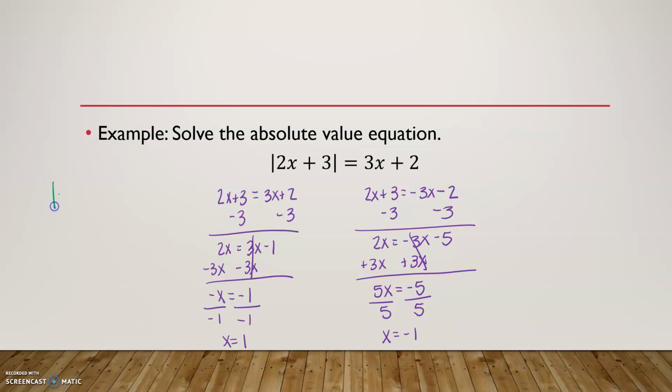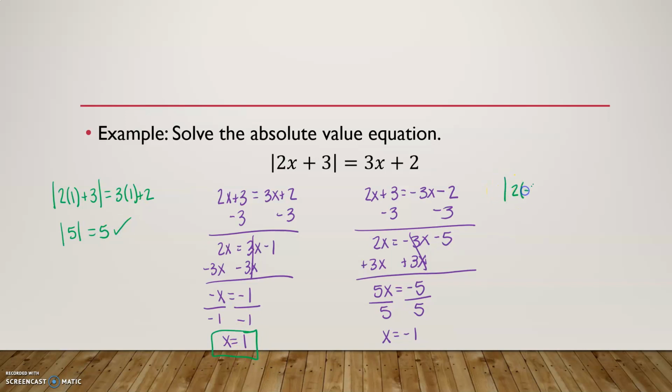But we're going to have the absolute value of 2 times 1 plus 3 equals 3 times 1 plus 2. So we're going to get 2 plus 3 is 5. 3 plus 2 is 5. So that means that this one worked. Yep, true statement. Let's plug this one in.